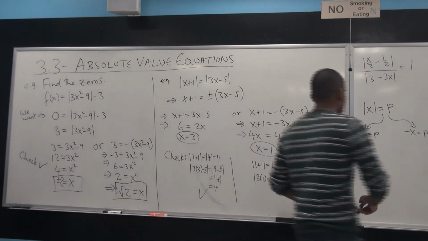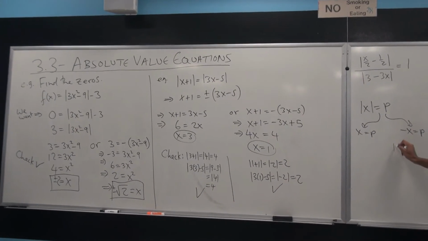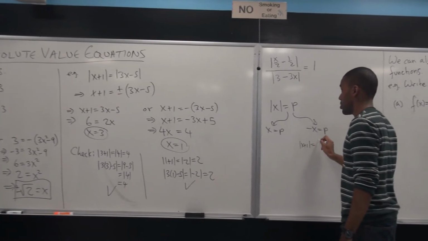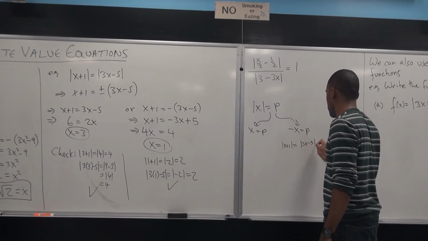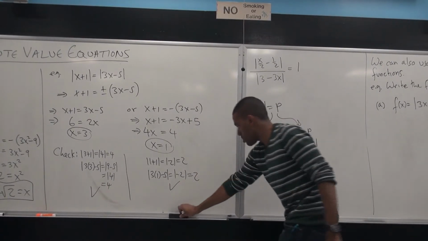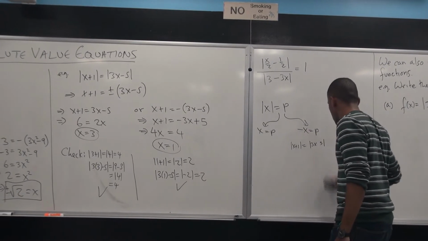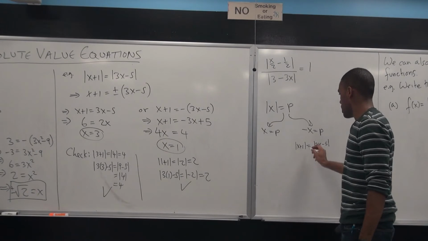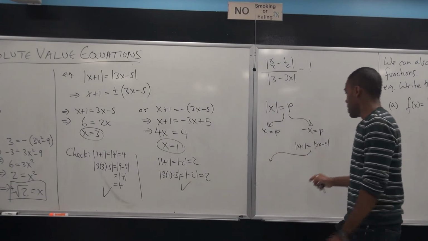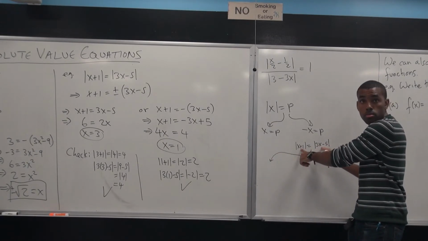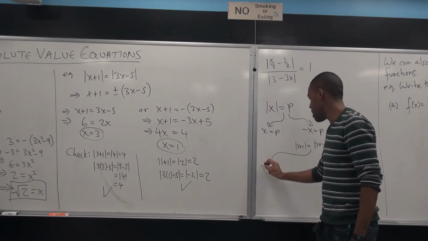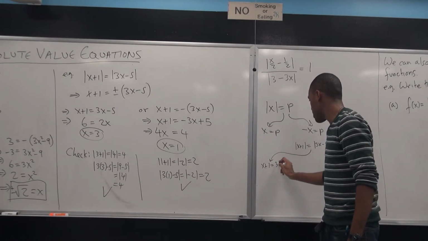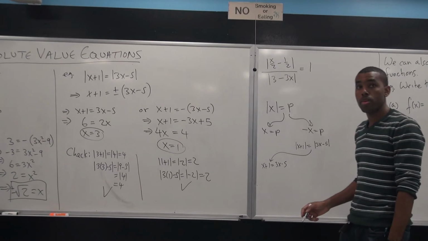So if I had x plus 1 equals 3x minus 5, then there are 4 cases, right? What if both the insides are positive? Possible? Then the absolute values won't make any difference, right? You can just neglect them.